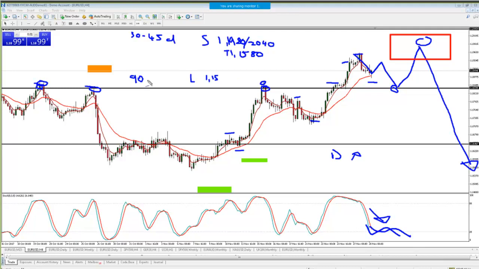All right, so the 90-day plan would be 115.50 to 114.70, long with a target of 123 in mind.